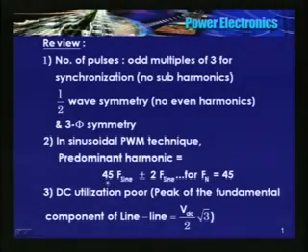See, in the last class I did show you the expression, and we have taken the ratio of the triangular wave frequency to the sine wave frequency to be 45, and then the frequency of the predominant harmonic is 45 times the frequency of the sine wave plus or minus twice the frequency of the sine wave, okay.